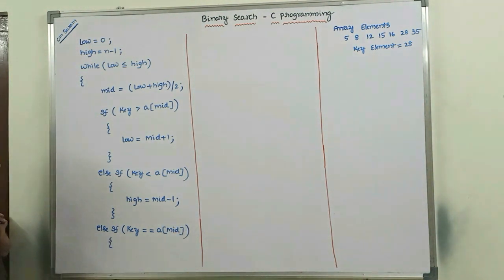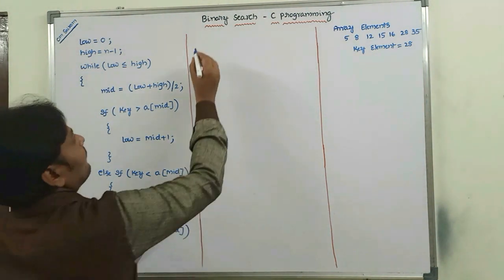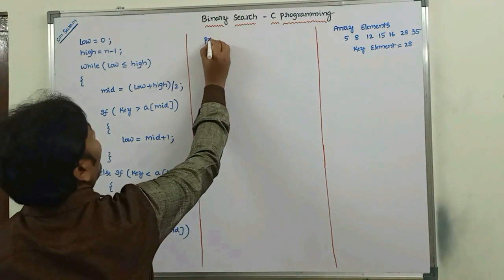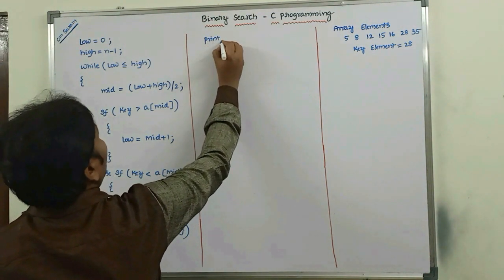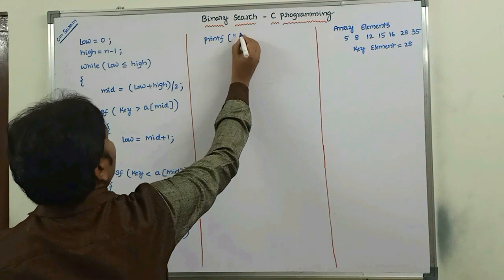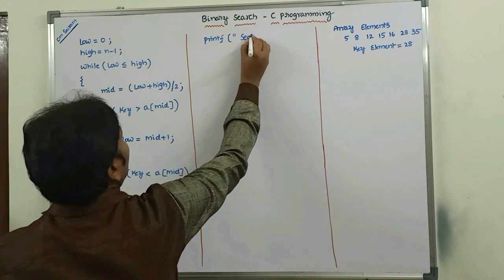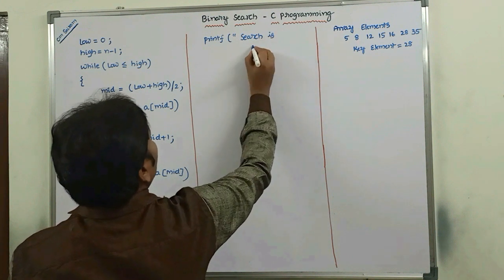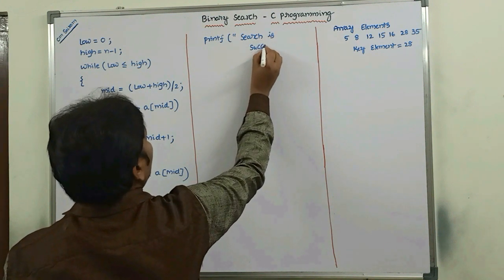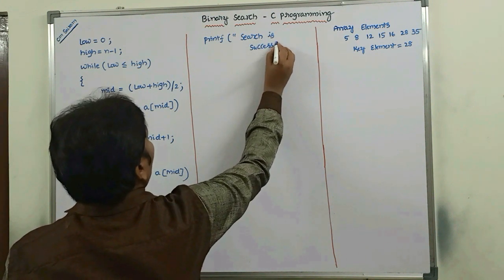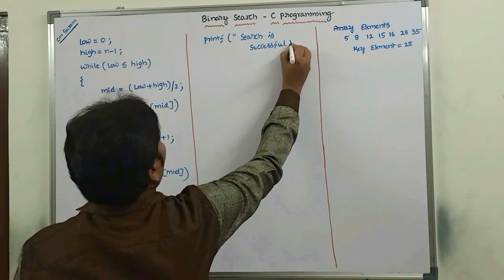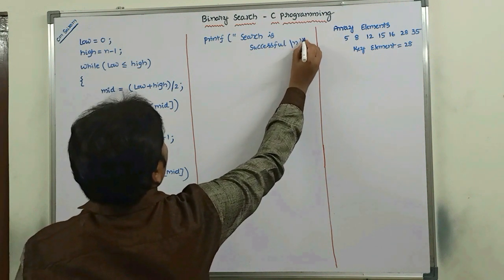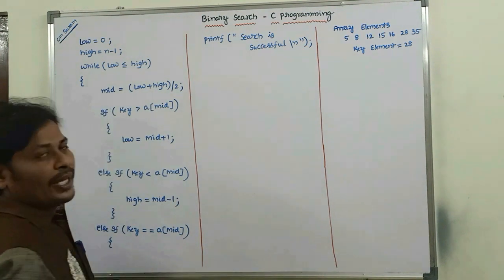then printf("search is successful\n"), double quotes and parenthesis close, semicolon.